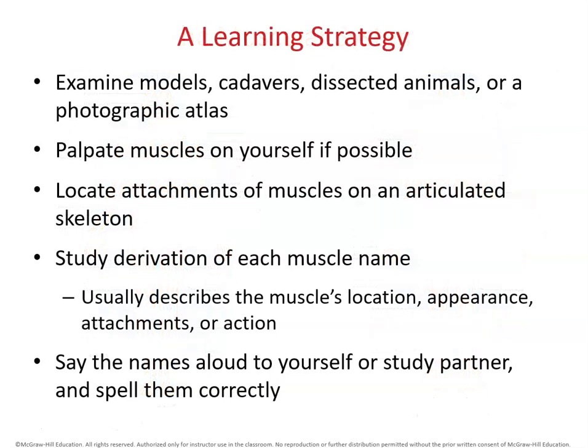And we'll wrap up here with a learning strategy. Okay, so your textbook has some really good illustrations. The online textbook has some pictures of cadavers or deceased persons who are being studied for the purpose of learning anatomy. If you can, a lot of these muscles can be felt on your own body.